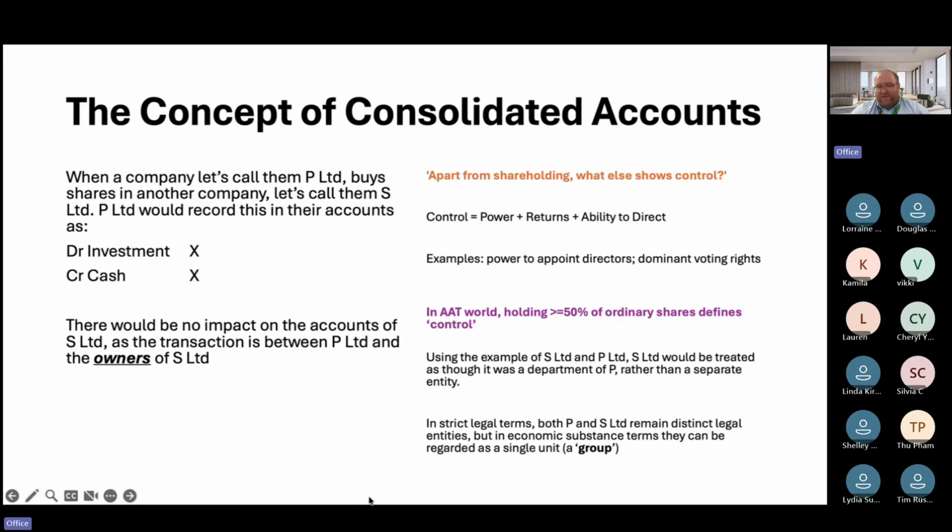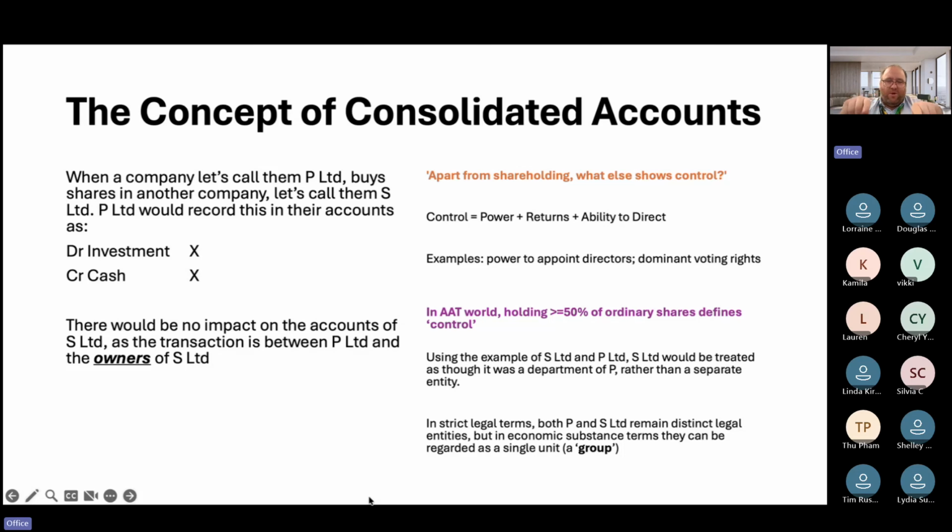Now, realistically, if you owned, say, 40% of the shares of a company, you could argue you've got control over the company, because you could be the majority shareholder, right? You could own 40% and there could be 1,000 other people that owned the other 60%. So you might be the largest shareholder, but you don't have overall control here because the other 60% could vote against you.